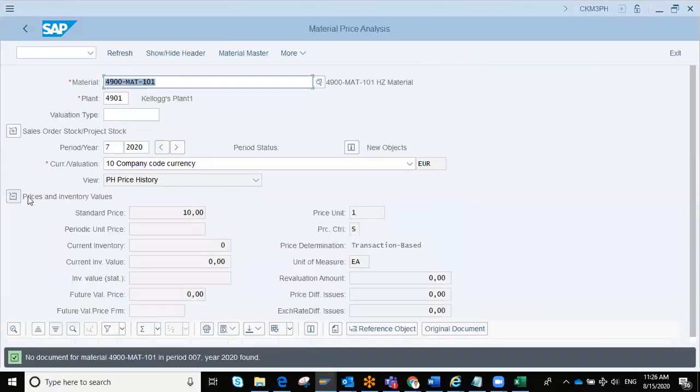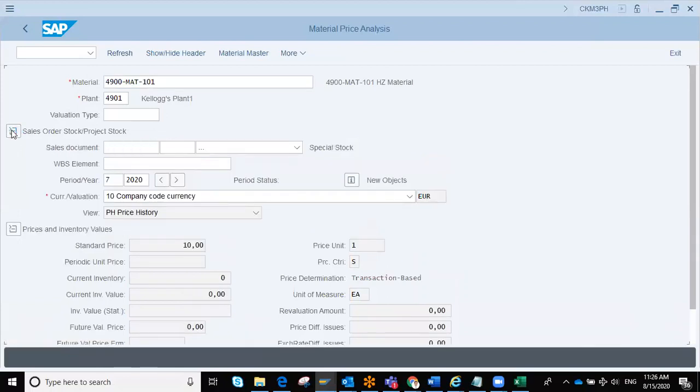And we have also price and inventory values analysis in material ledger level for multiple currency in hand. We have also sales order, stock project, a specific WBS element calculation, and data for material ledger specific attributes.